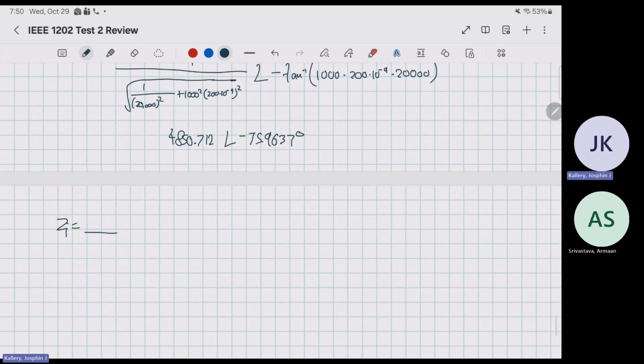Zi equals something with some angle, right? So Zi is the impedance of our input resistor, which is R plus 0j. You convert that to polar, you get R with an angle of 0. So this will just be R with an angle of 0. And specifically, R is 700. So that's 700 with an angle of 0.